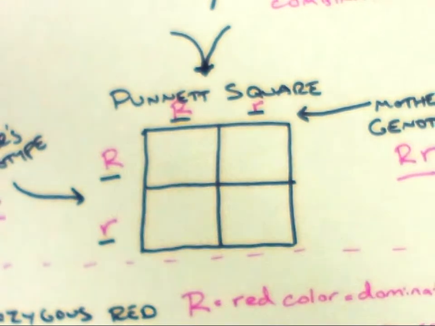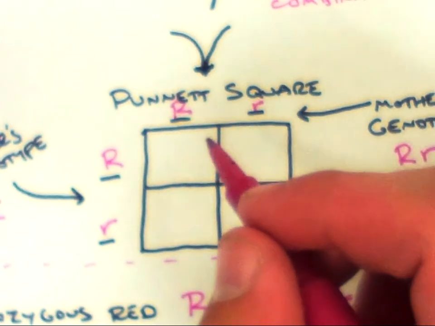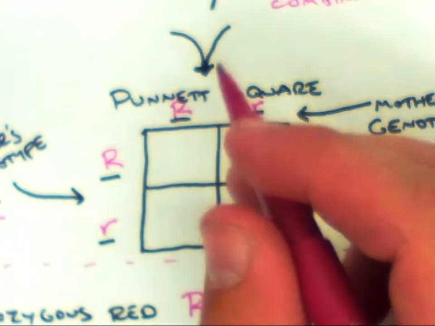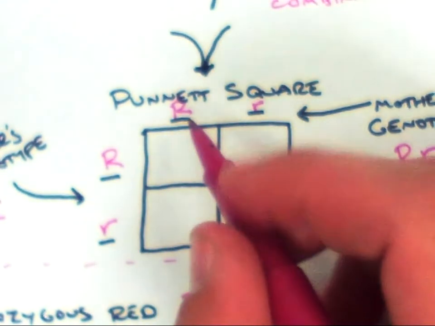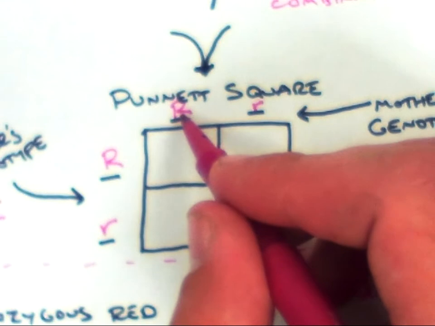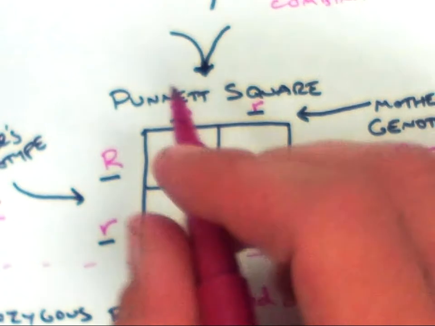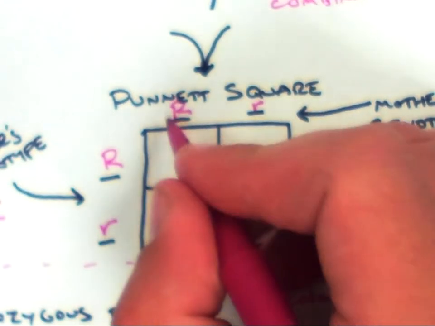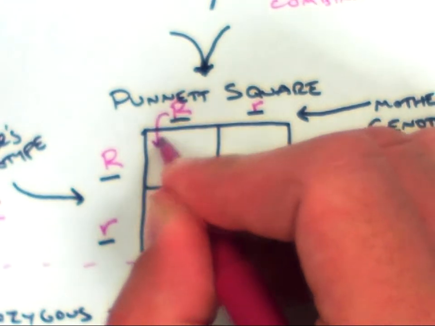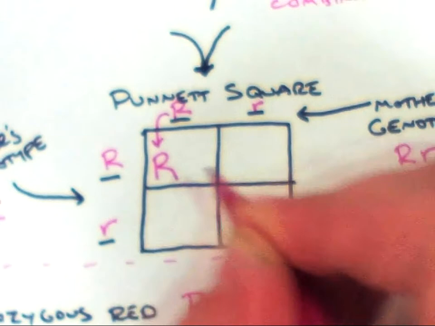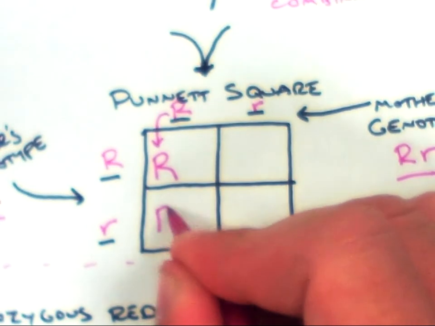Now, in order to fill out a Punnett Square, we do it just like a multiplication chart where you go down and across. So this one is up top. Where do you think this is going to go? Top right. It's going to go straight down into the boxes below it. So draw my arrow. Goes right here and right here.